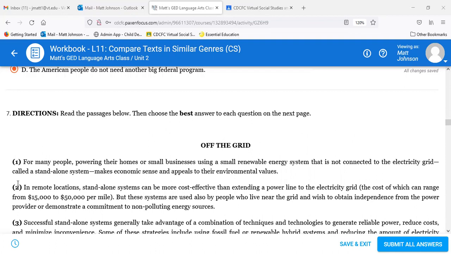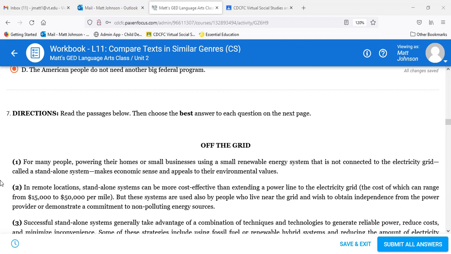So for many people powering their homes or small businesses, using a small renewable energy system that is not connected to the electricity grid, called a standalone system, makes economic sense and appeals to environmental values. In remote locations, standalone systems can be more cost-effective than extending a power line to the electricity grid, the cost of which can range from $15,000 to $50,000 per mile. There's the but.